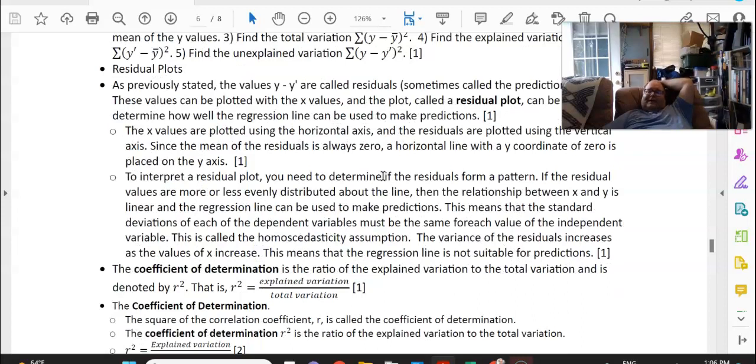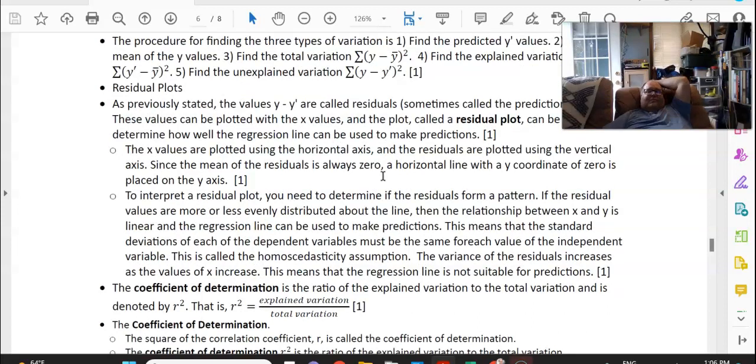A residual plot can be formed where we take the size of all of our residuals, and if they're randomly scattered in sort of a rectangular shape around the y equals 0 line, then that suggests that our correlation is pretty decent.